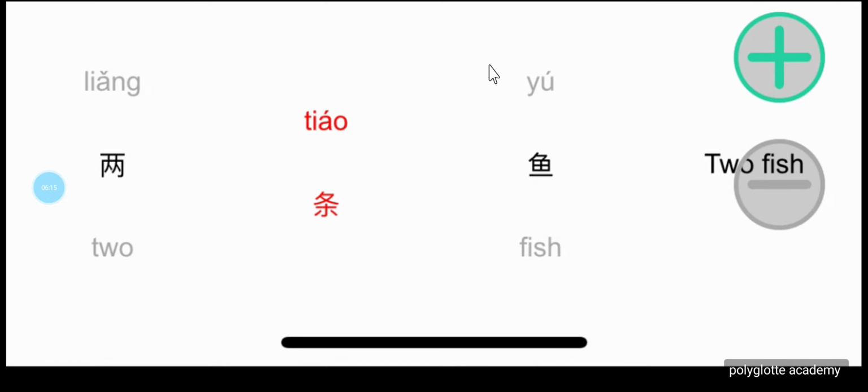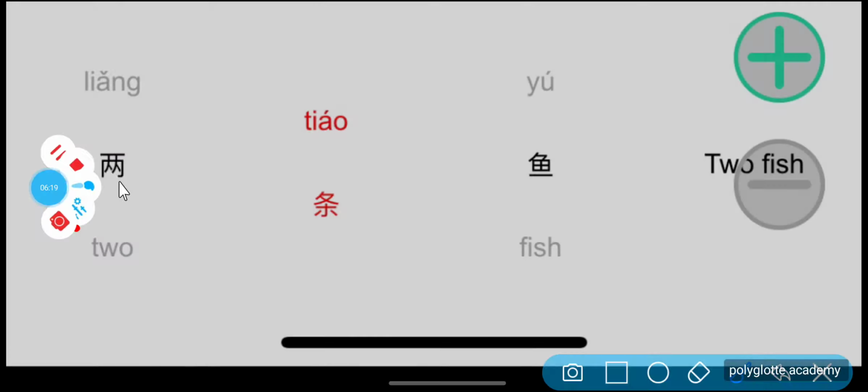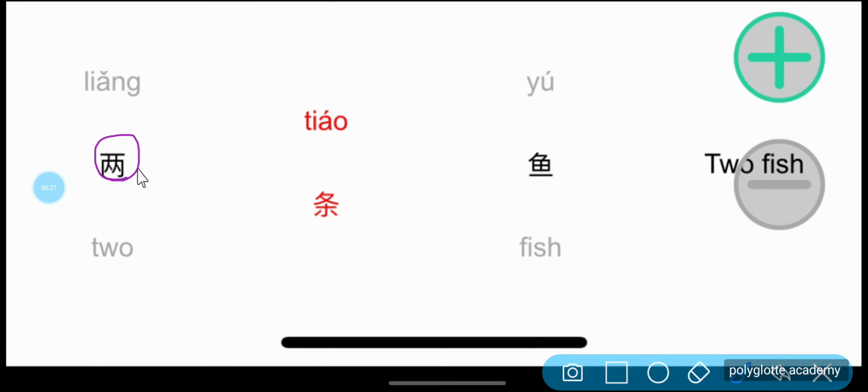Next, we have 两. Recall something here: 两 is also a synonym with er. So we can use 两 or we can use er. It means number 2. If you've not seen this character, this is it.